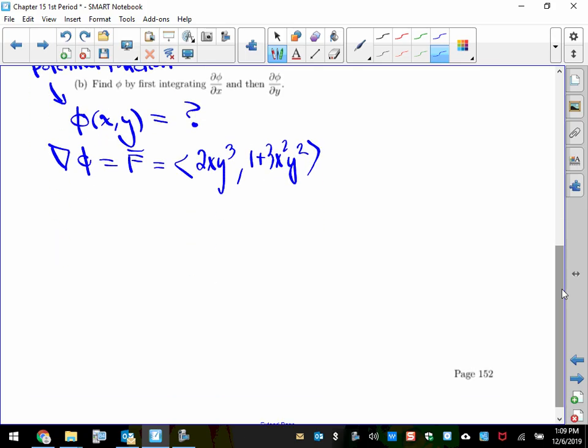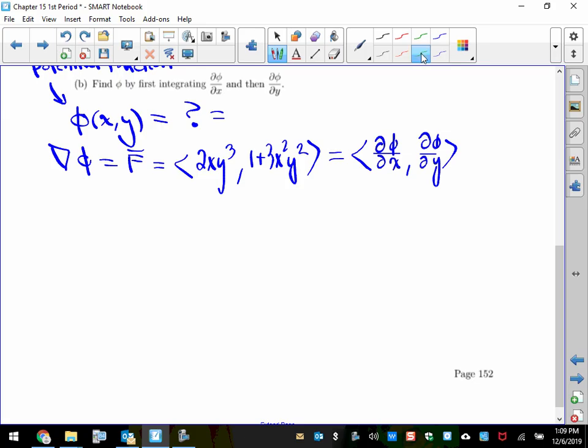So now this phi must be, let me maybe rewrite this. F, the field, this x component is the partial of phi with respect to x, and this is the partial of phi with respect to y, because it's the gradient of phi.